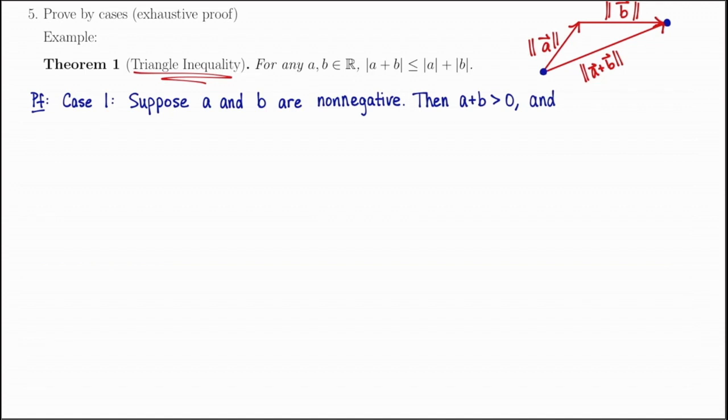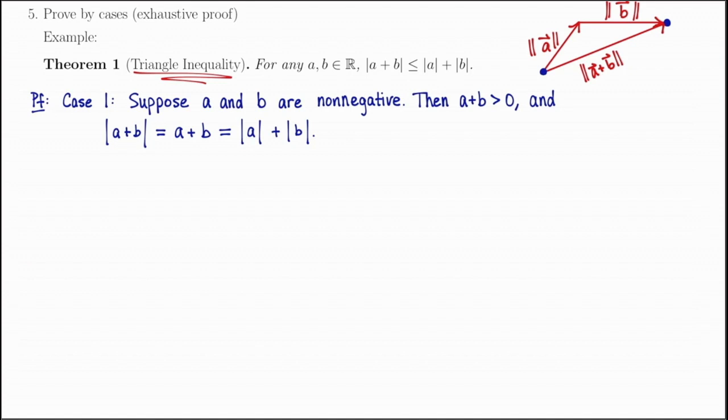Now we can use the fact that the absolute value of a non-negative quantity is just the expression itself, right? You don't have to do anything to take the absolute value. So the absolute value of a plus b is just a plus b. And then since a and b are both non-negative, a is equivalent to the absolute value of a, and b is equivalent to the absolute value of b. So here we actually get equality rather than an inequality.